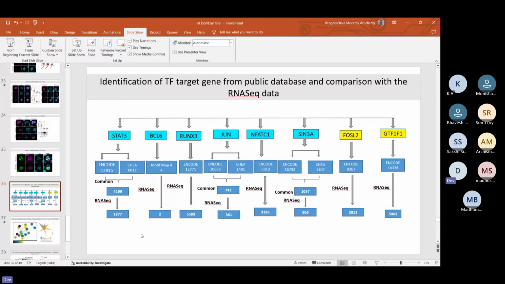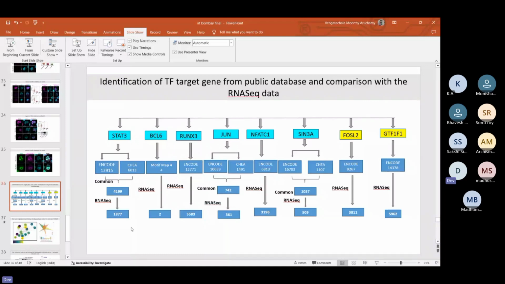Now, I have already told you that we performed an RNA-seq experiment between Theileria infected samples and parasite clearance samples. So we took the differentially regulated genes from the parasite clearance sample and compared whether any genes are common between these transcription factor target genes and our data.